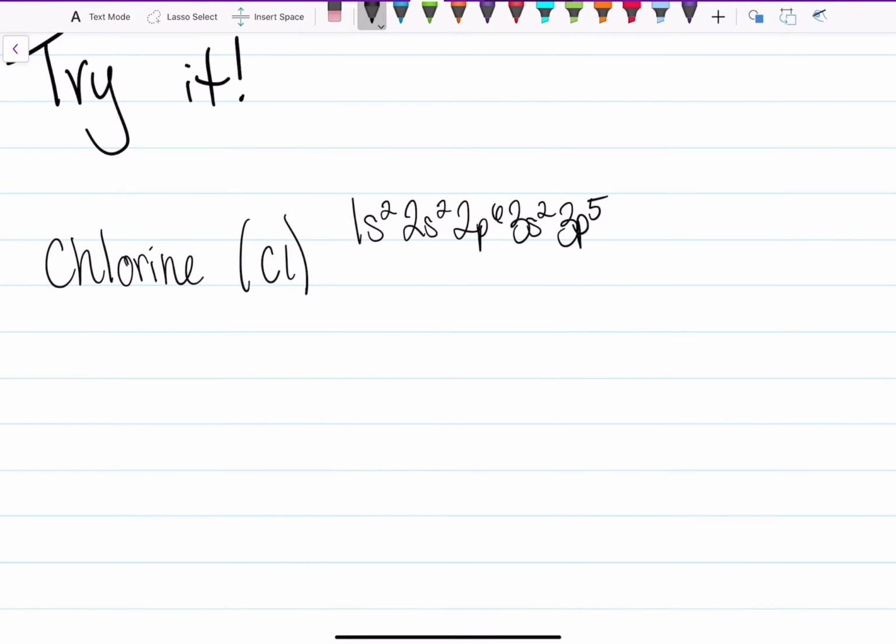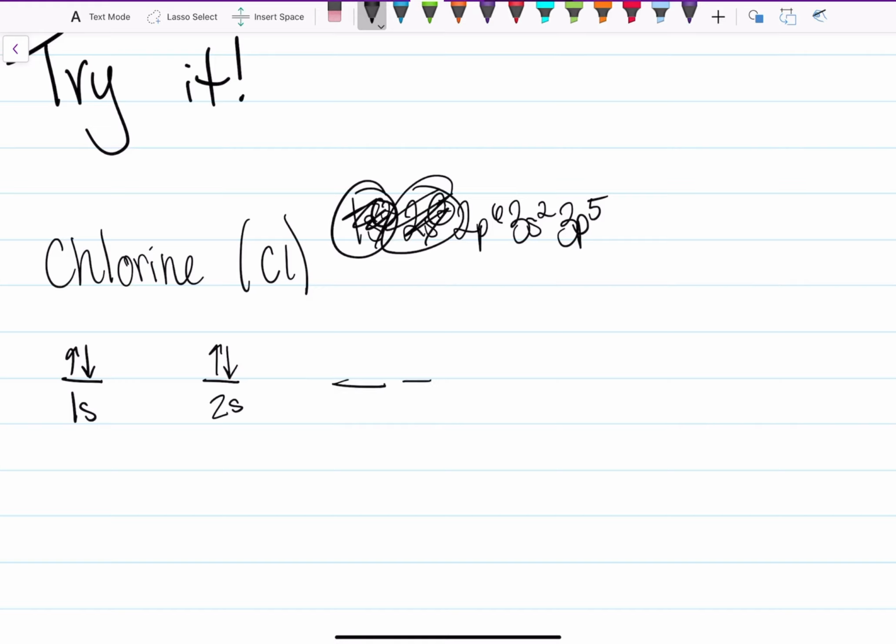All right, let's go over chlorine first. So here's your electron configuration for chlorine. If we write it down, we know that all of our S's have 1 orbital. That could be drawn as a box, or you could just draw it as a line. So you've got 1s, 2 electrons, 1, 2 takes care of that. Next is 2s. We've got one line because it's an S, and 2s2.